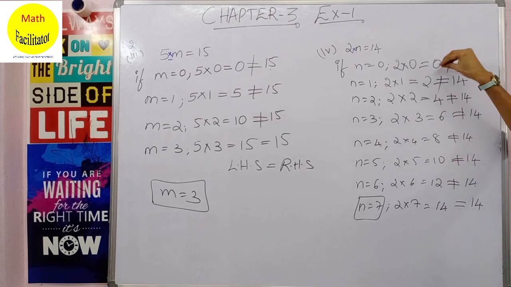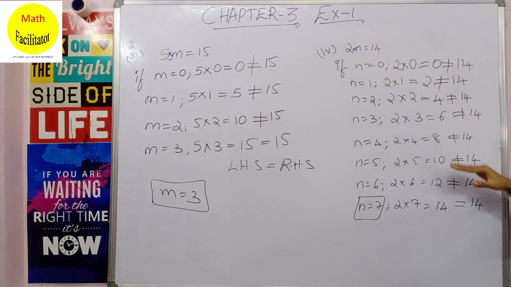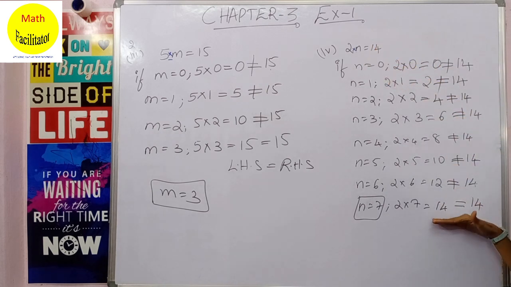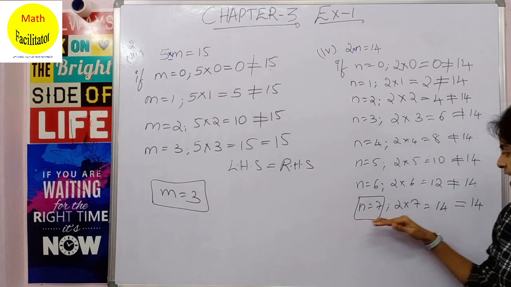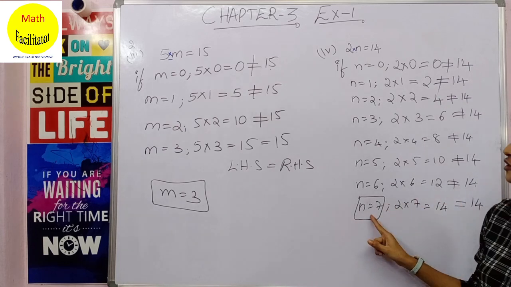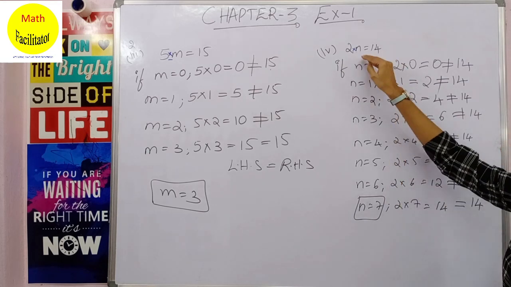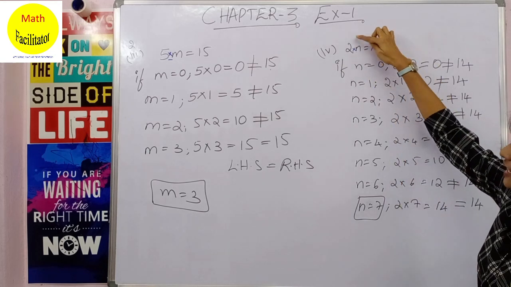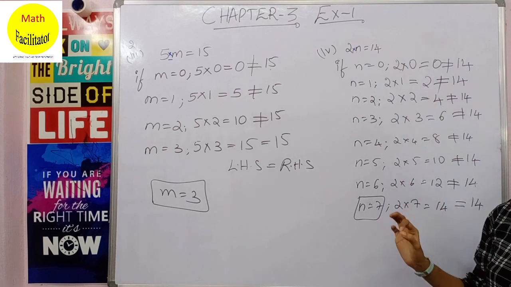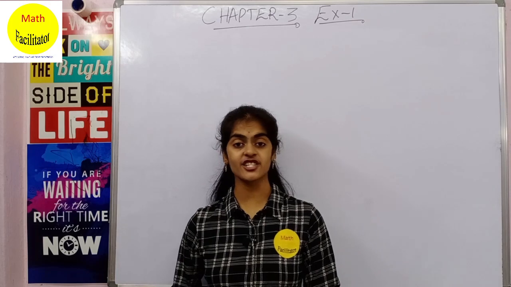So you continue fitting the value until you get LHS equal to RHS, and the value for which LHS is equal to RHS is the solution of this equation, or you can simply say it is the answer for this equation, or the correct value of n, which satisfies this equation. Clear? So this was a simple exercise based on the concepts which you have already learnt in your class 6.